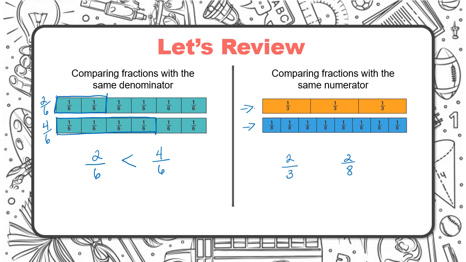Okay, so now let's take a look at 2 parts out of 3 and 2 parts out of 8. Well, if my parts in the thirds are greater, then I know that 2 thirds is going to be greater than 2 eighths, because even though I'm counting 2 parts for each one, the sizes of those parts are a lot bigger. So 2 thirds is greater than 2 eighths.